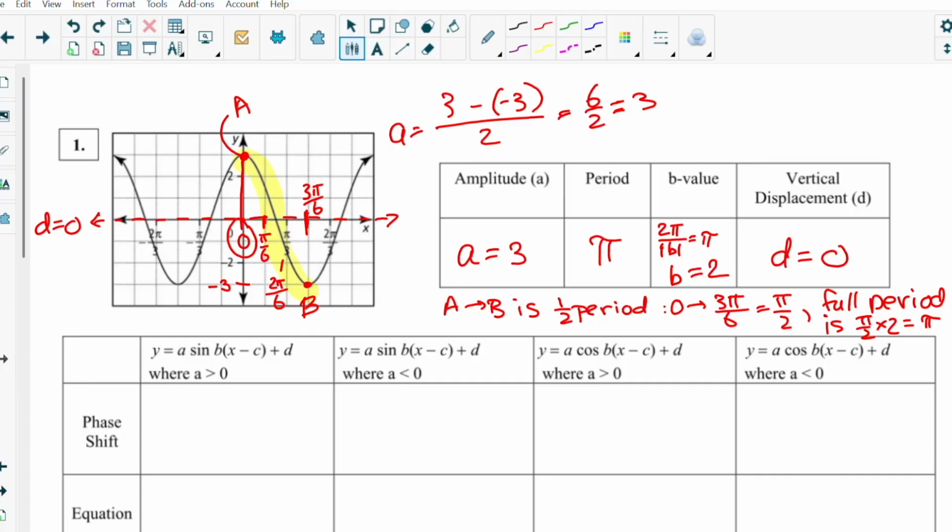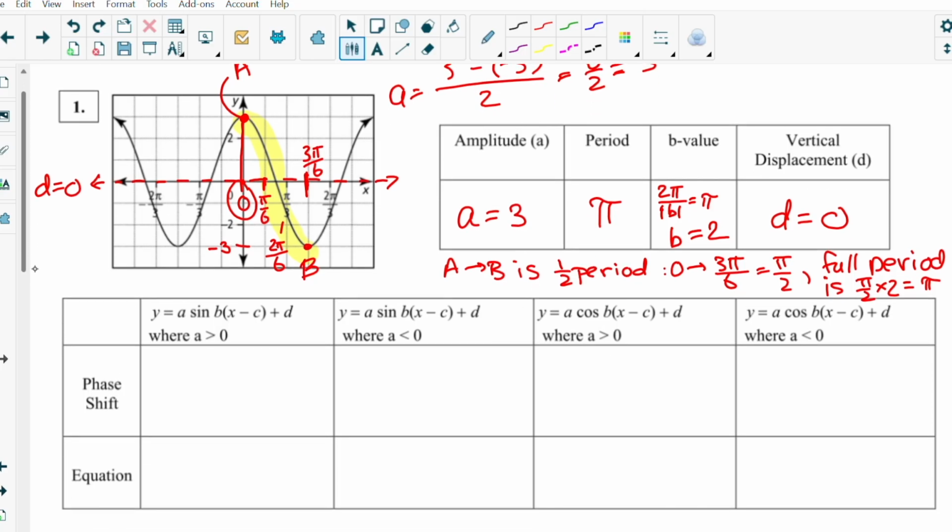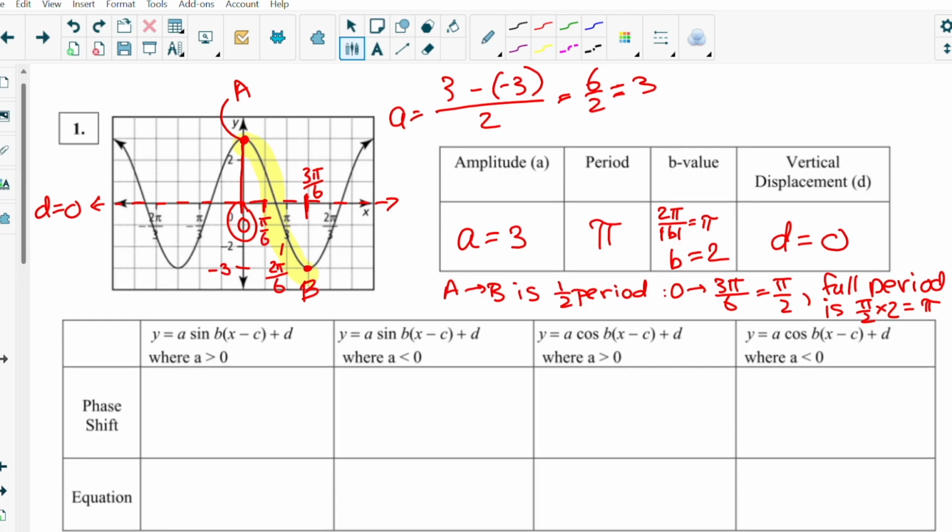Now let's add in a phase shift. We have to look at this graph and think about phase shift. I'm going to draw a couple more points here. Let me use a different color. When I talk about phase shift, I'm going to assume minimum phase shift.